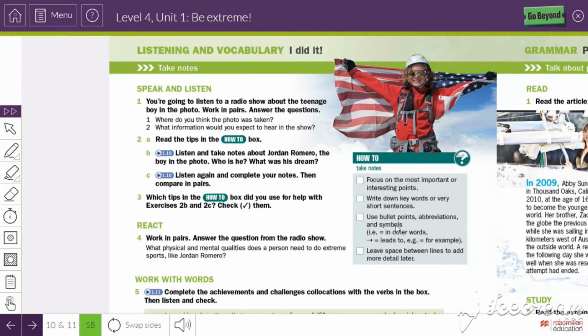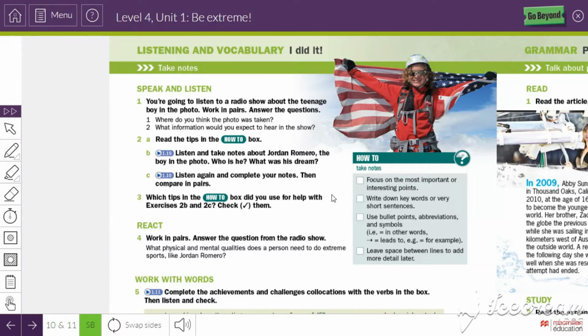So for exercise 1, you have to answer the two questions that you can see. One, where do you think the photo was taken? And the second one, what information would you expect to hear in the show?